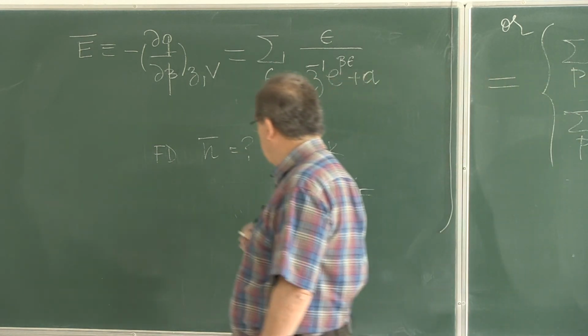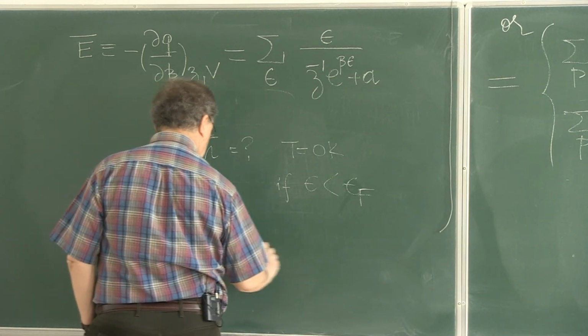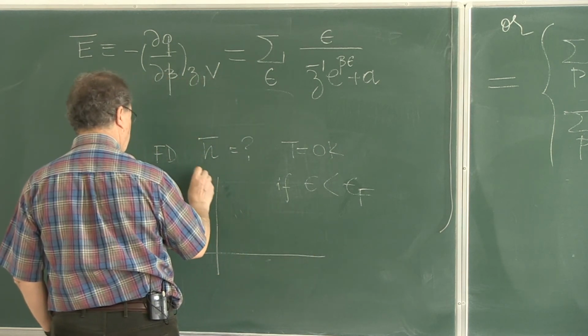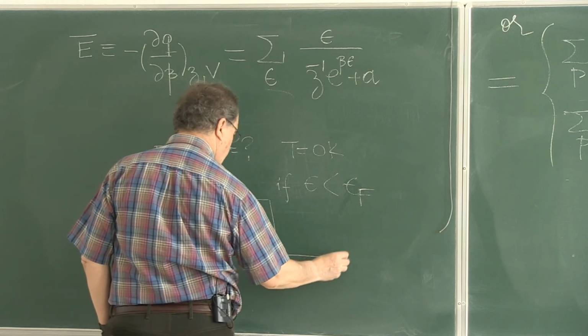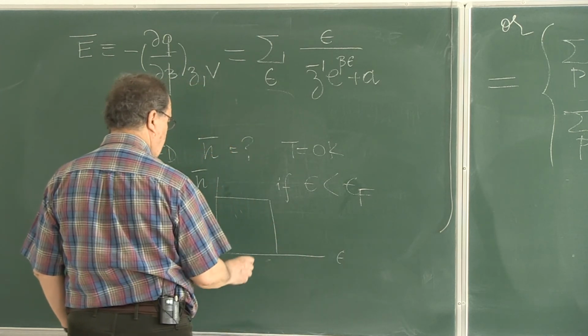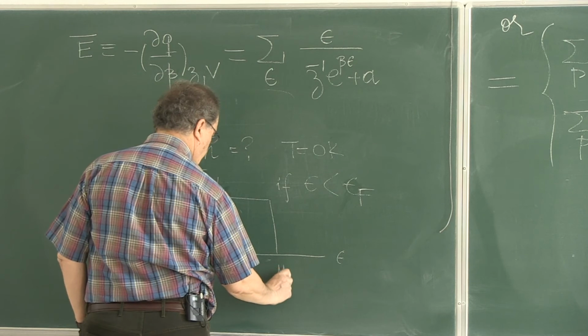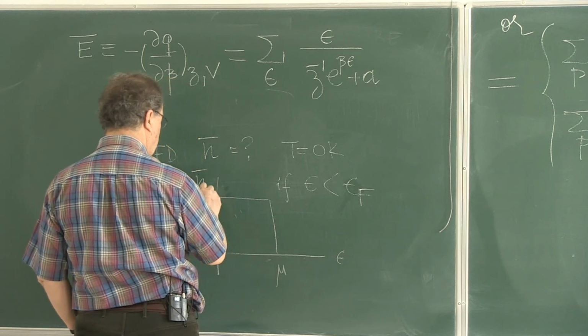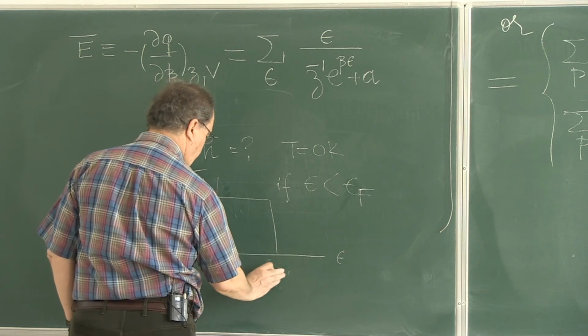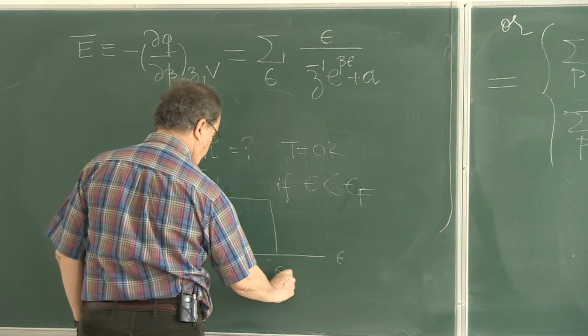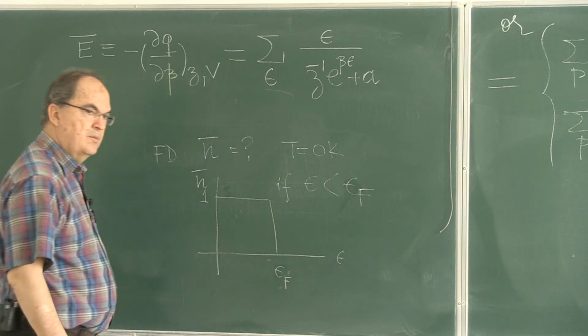So that thing becomes something like this, as a function of energy: up to mu, it is 1. Above mu, or E_F, it is 0.